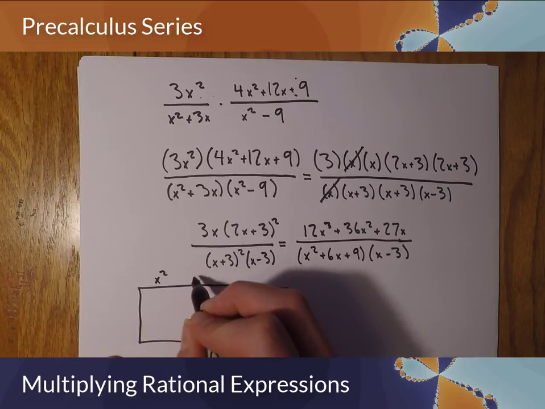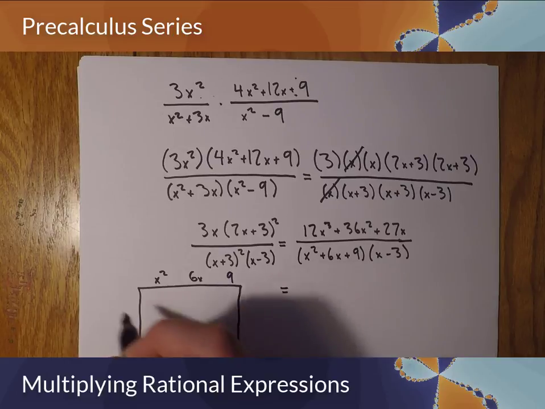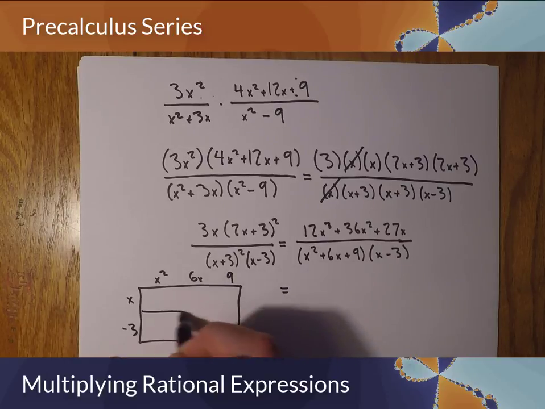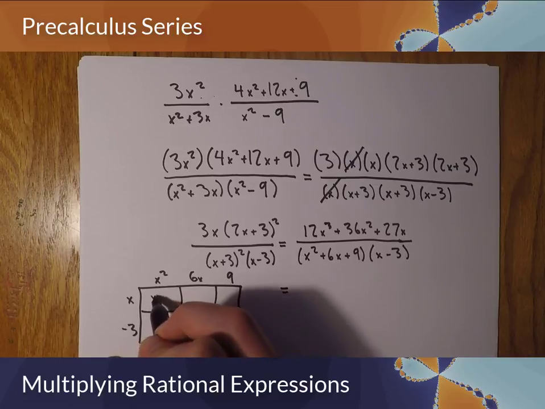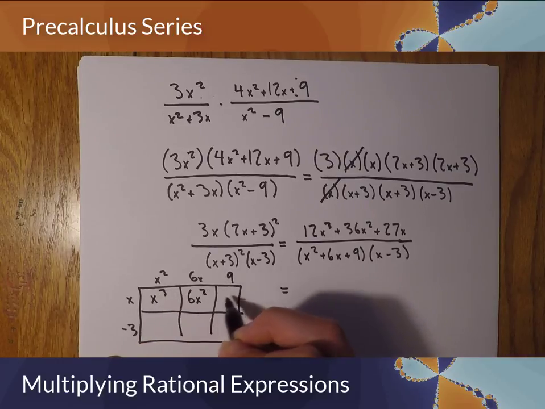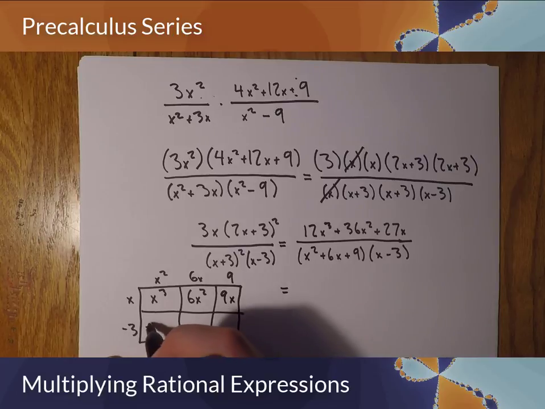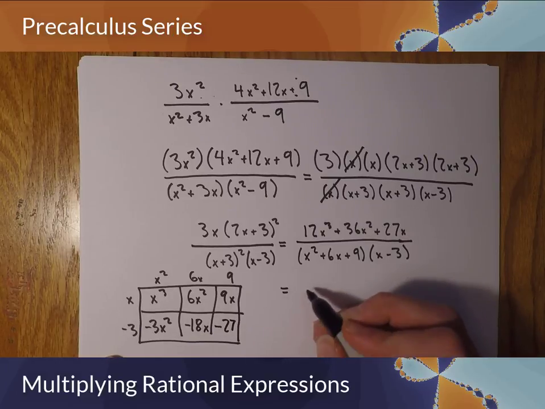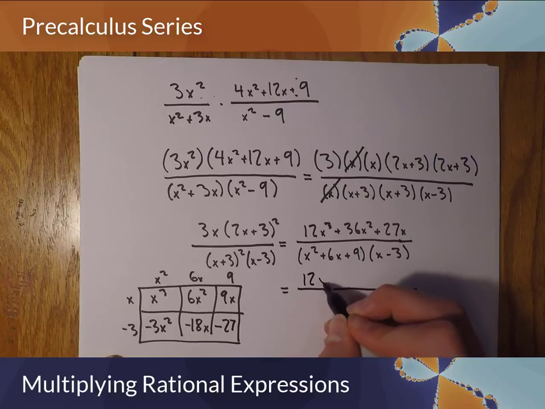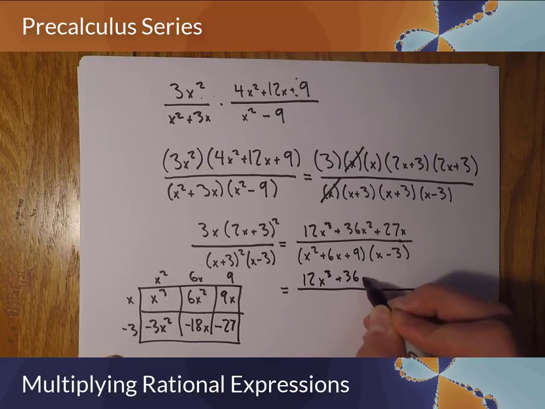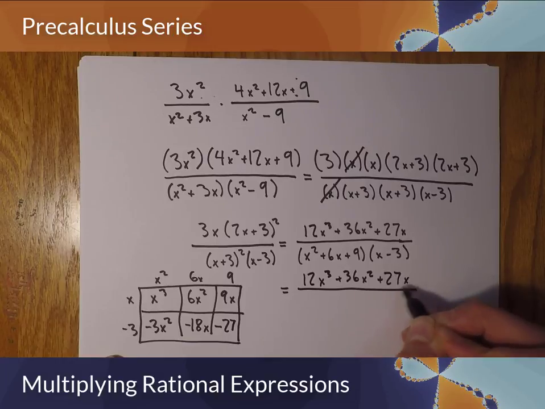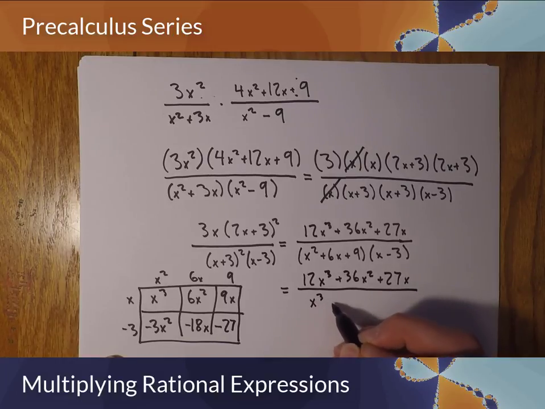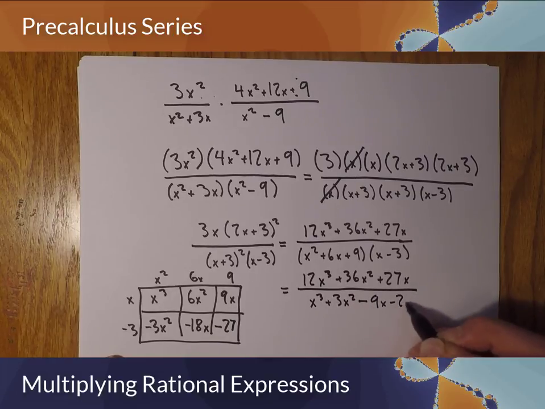So x squared, 6x, 9, and then x minus 3. And then we're just going to find what these all equal. So 6x squared, and then 9x, 3x squared, minus 18x, minus 27. So our final solution is 12x cubed plus 36x squared plus 27x all over x cubed plus 3x squared minus 9x minus 27.